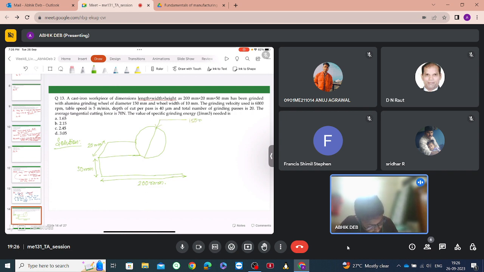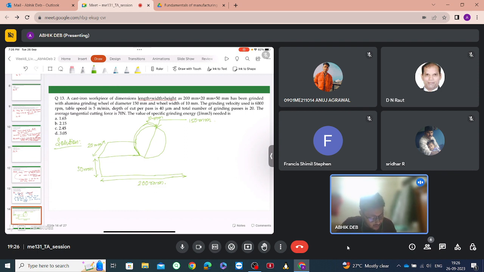So in this direction, that is the width of the wheel, it is 10 millimeters.